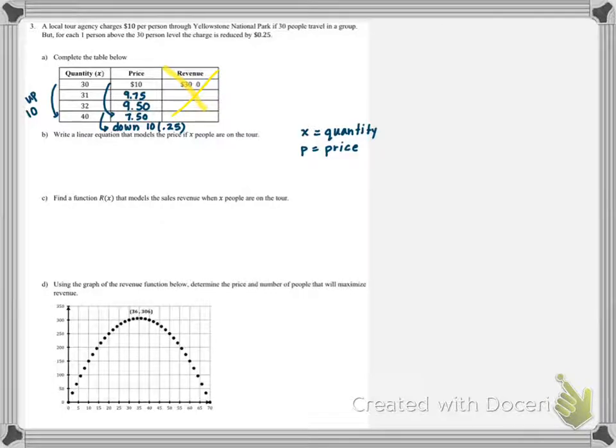So we have 2 points: (30, 10) and (31, 9.75). You can either get the slope using the slope formula from those 2 points, or you can notice that it tells us that as the input goes up by 1, the output goes down by 0.25. That's the definition of the slope.